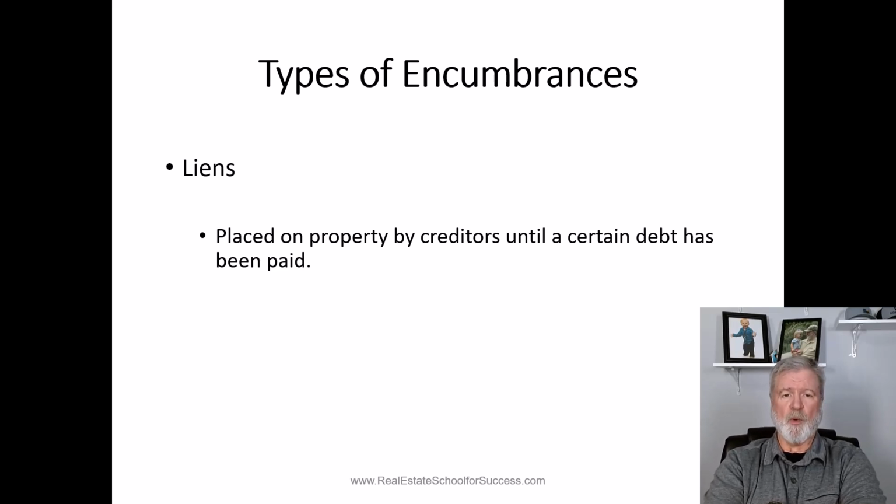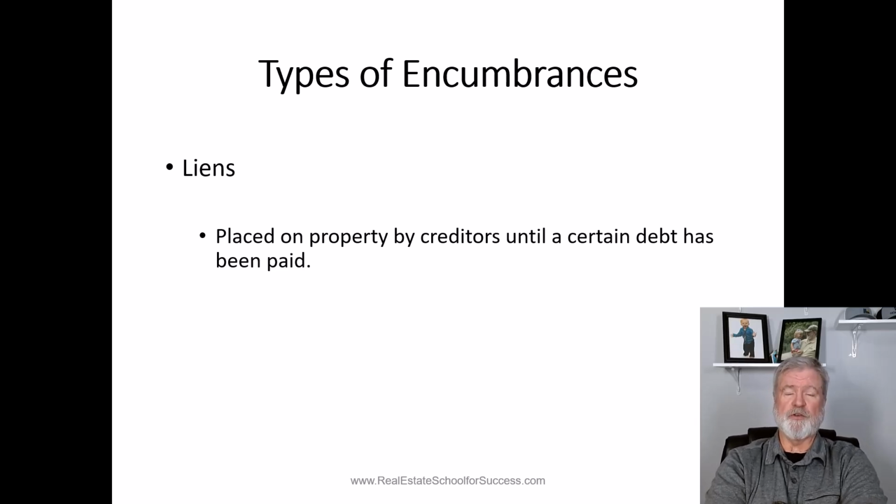If you owe a creditor money, then they oftentimes will file a lien of some sort, and that lien is considered an encumbrance, meaning until it is paid off and the lien is removed from the record, then the property is unmarketable. You cannot sell it or convey it to someone else.